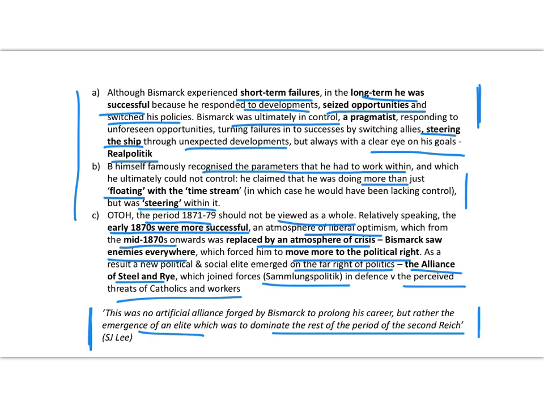From that point onwards, Bismarck was always uncomfortable with that alliance because it obviously alienated the workers and to some extent the middle classes who were now excluded. And in the bigger picture, after Bismarck had resigned, moving into the reign of Kaiser Wilhelm II, we can actually see that those forces, the alliance of steel and rye, the old elites and the new elites working together, was a negative thing, because it divided Germany and it fractured German society.